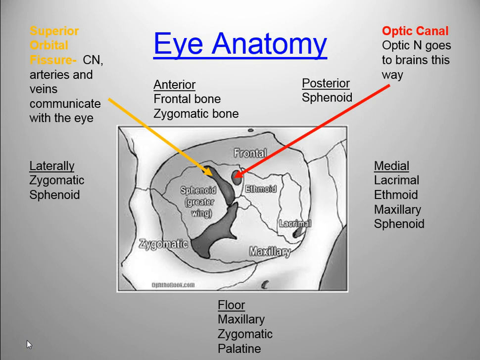The floor of your eye has your maxillary, zygomatic, and palatine bones. Medially, your lacrimal, ethmoid, maxillary, and sphenoid. Posteriorly, your sphenoid. The anterior is your frontal bone and your zygomatic bone. Those are the ones that tend to get broken when you have an orbital blowout fracture. And laterally, you have a zygomatic bone and your sphenoid. So lots of bones in the eye.